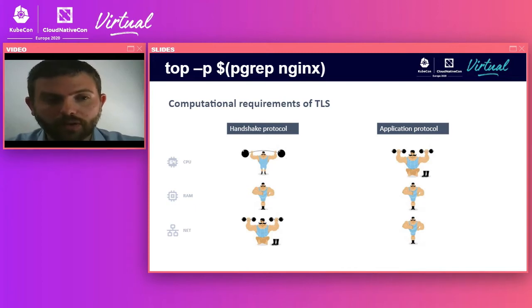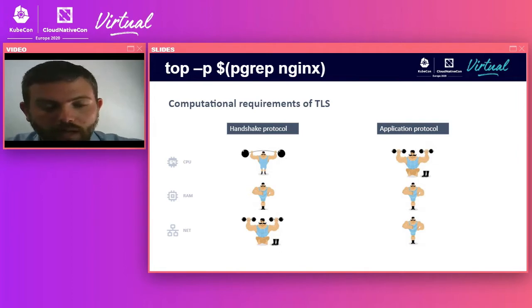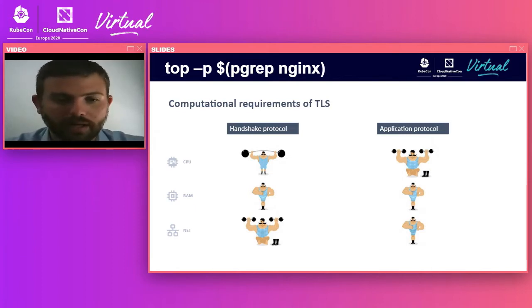So it's for a short time, but it loads the CPU pretty heavily, relatively, and this has to be taken into account. On the other hand, the handshake protocol itself doesn't use much RAM. It uses a few kilobytes, but it's not something that really worries us.